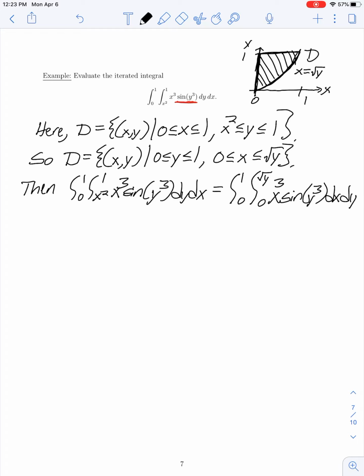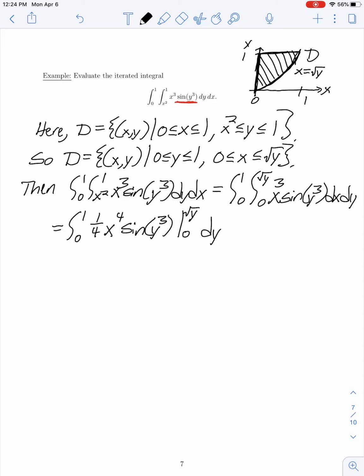So now, evaluating the antiderivative of this function first with respect to x, we have the integral from 0 to 1 of 1/4 x to the 4th sine of y cubed, where we evaluate from x equals 0 to the square root of y, and then integrate with respect to y.